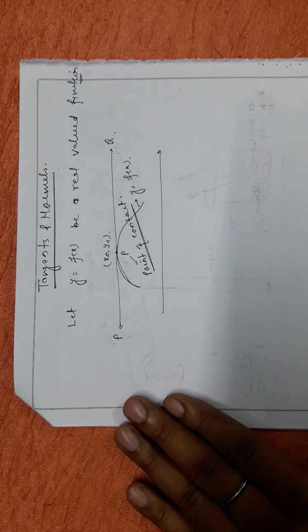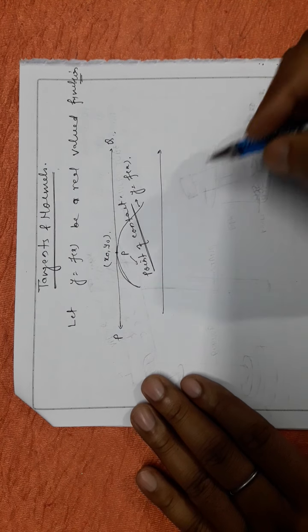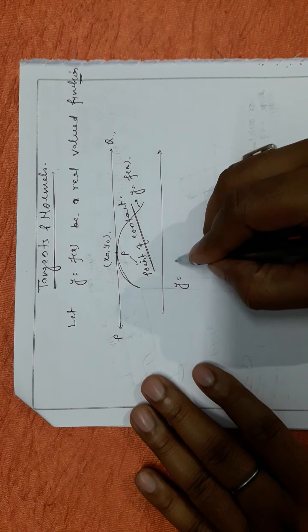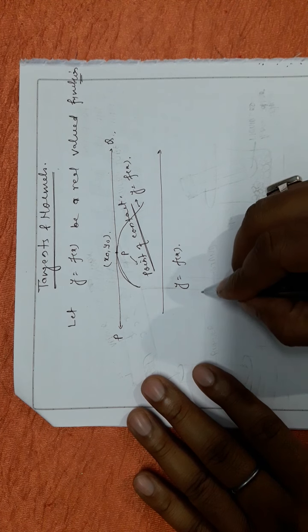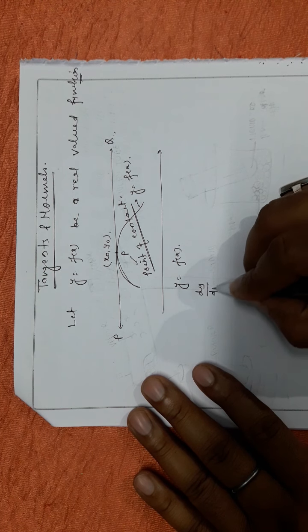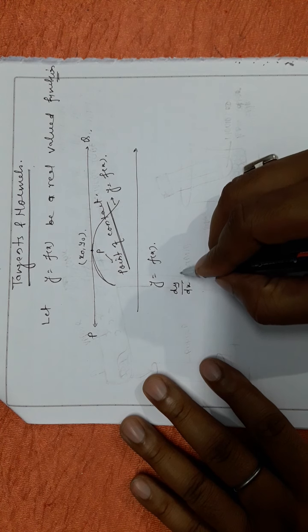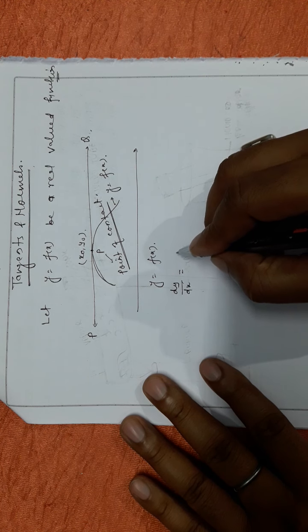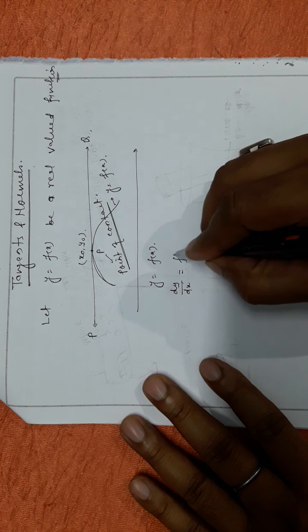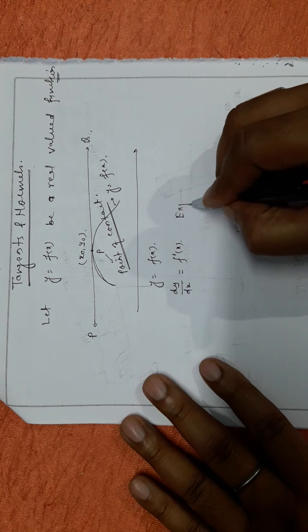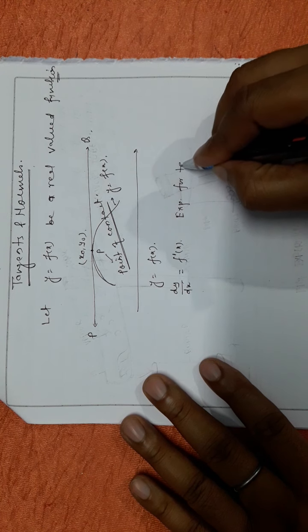If you have to find the tangent at point (x0, y0) on the curve, then first of all you will have to differentiate the given function. So it is the function y equals f(x) and the differentiation of it is dy/dx equal to f'(x). This is called the expression for tangent.